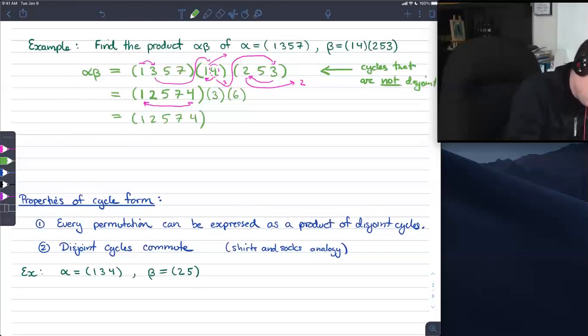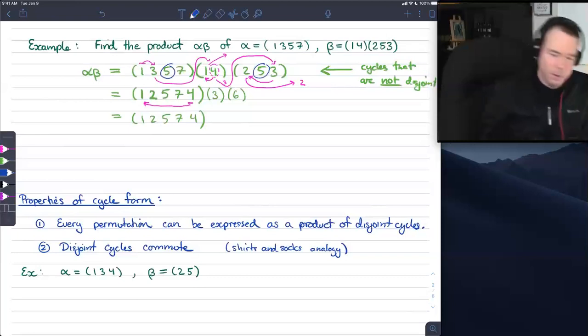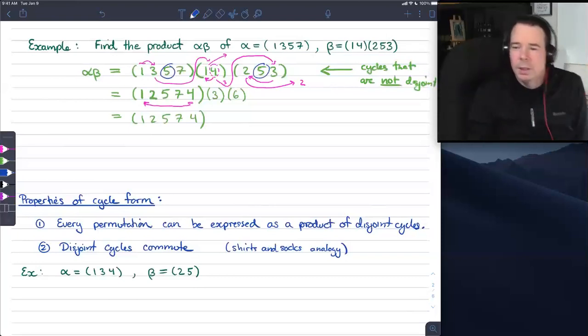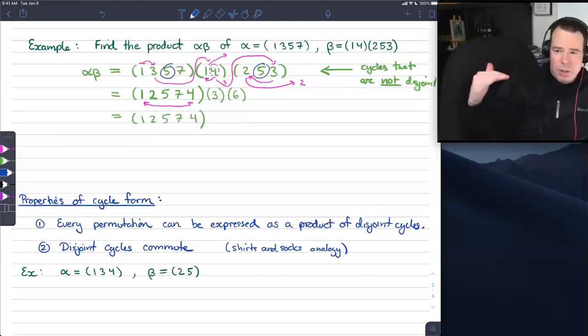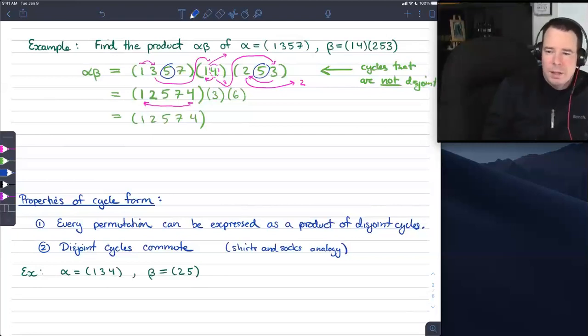There were numbers that were in common, like, for example, there was a 5 here and a 5 there. So every permutation, I can always write in disjoint cycle form. So that one I reduced down to just a single 5 cycle.